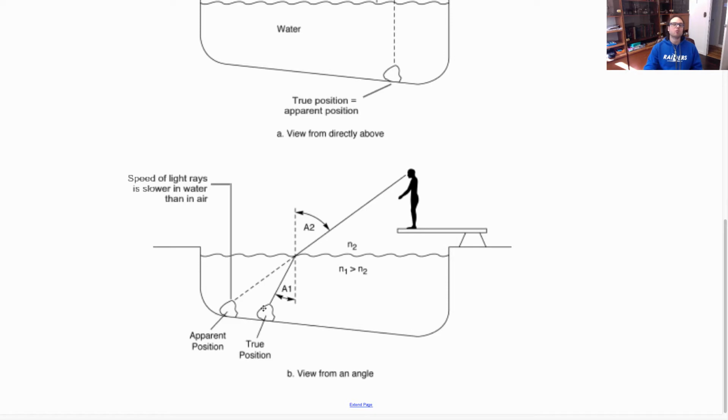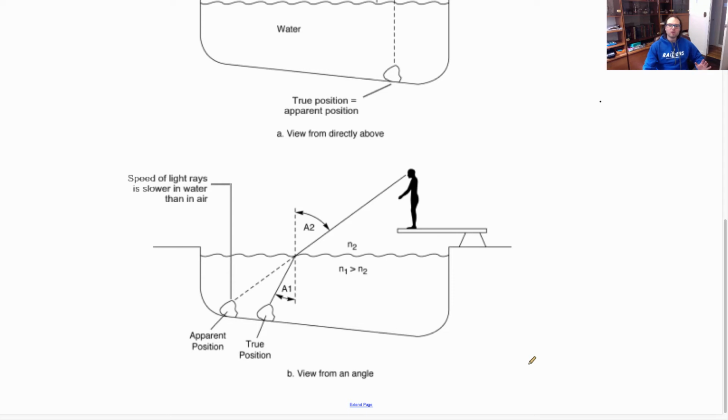Here, the rock is actually here, but he sees the rock over there. Now, why is that? Well, we know that light changes speed as it changes mediums. So as it changes mediums, it changes speeds, which is going to change our perception. That's why that happens. And different mediums will change it in different ways.